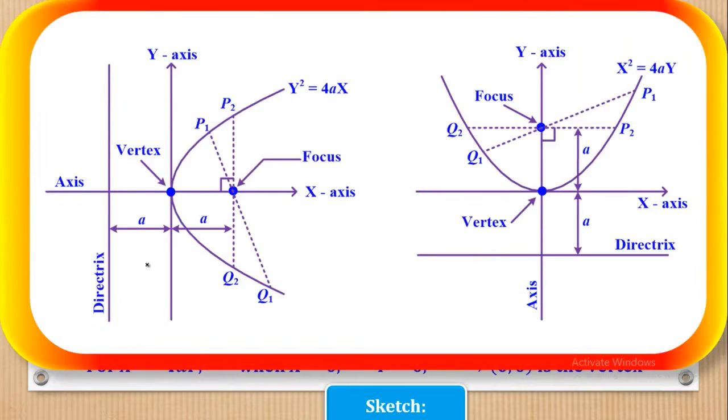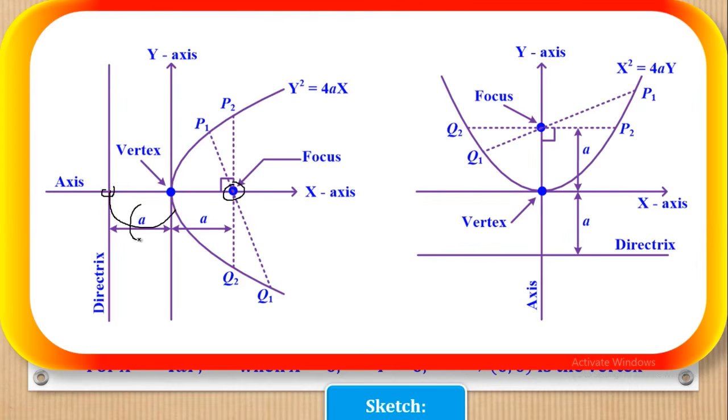Because when they tell you to sketch a parabola, they will also tell you to locate the vertex, focus, and directrix. Therefore, the vertex is the point where this axis meets the parabola. And they told you that that point divides this point, which is the focus, and this point here where the directrix cuts the axis, at equal distances.